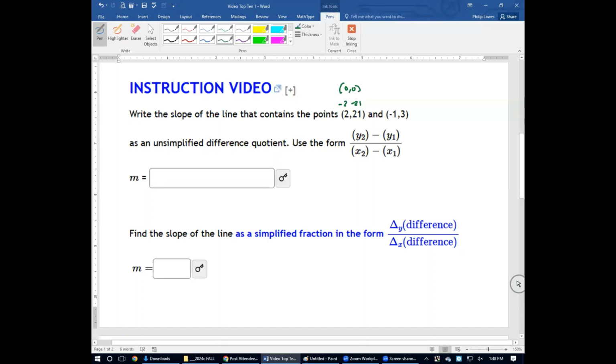And if I do the same thing to the other one, add negative 2 and negative 21, that makes that point be negative 3 and negative 18. And so now that's easy. The run is negative 3, and the rise is negative 18. Remembering that a negative divided by a negative is positive.